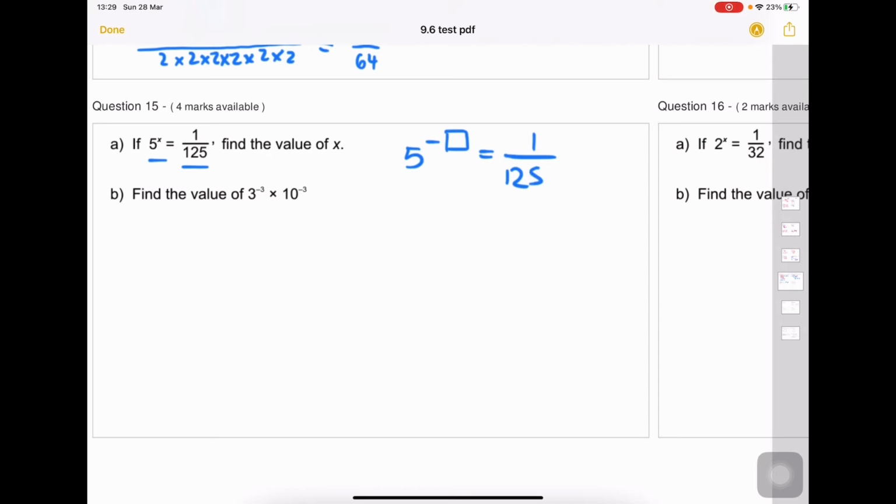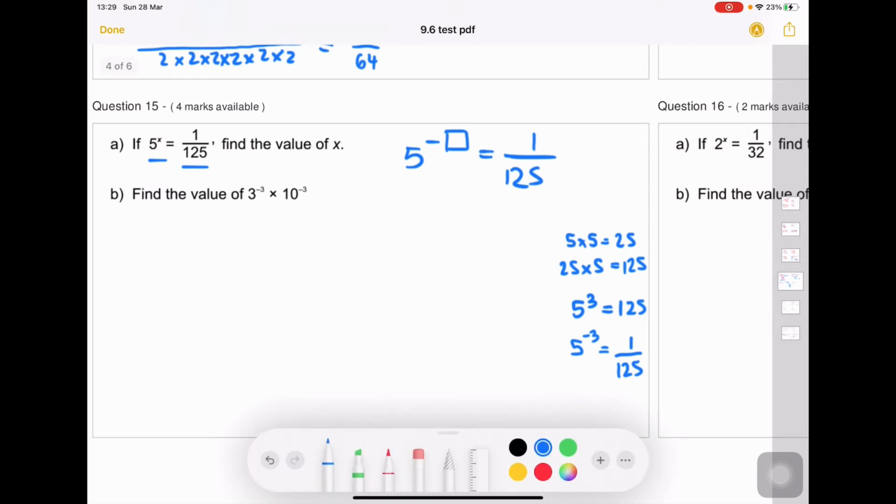So we need to think about how you get from 5 to 125. 5 times 5 is 25. 25 multiplied by 5 is 125. So we know that 5 cubed is 125. So 5 to the negative 3 equals 1 over 125 because of that negative sign.